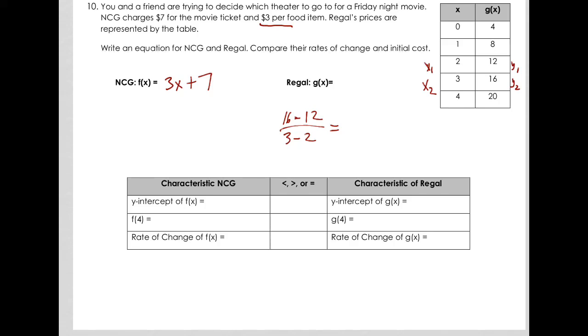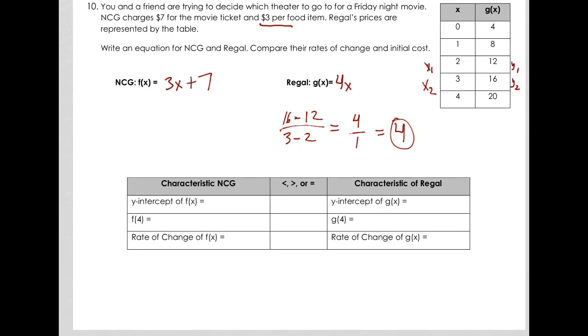That would be 4 over 1, right, which is the same thing as 4. So we know our slope is 4. So 4x.